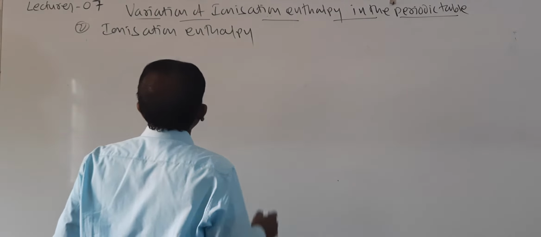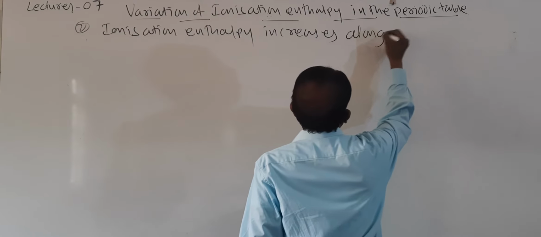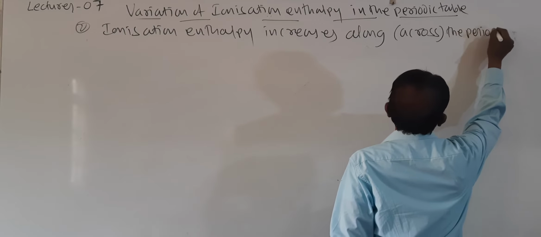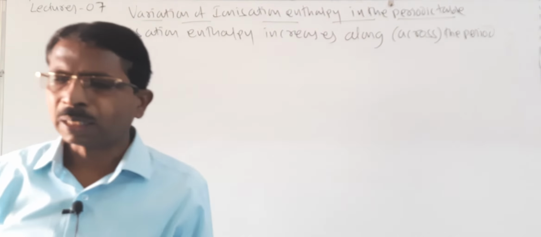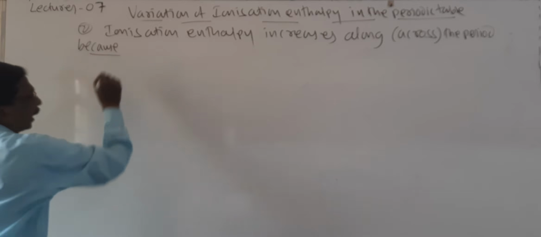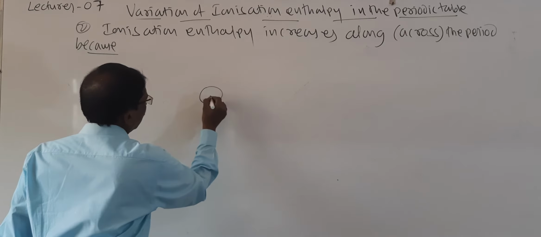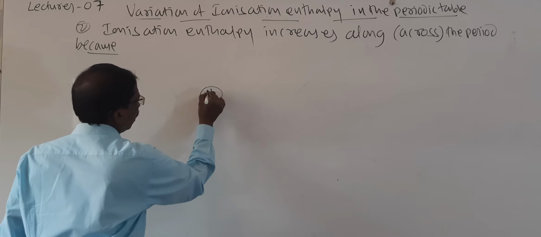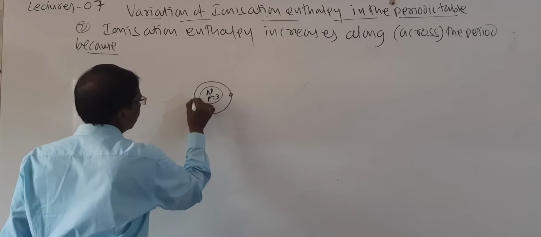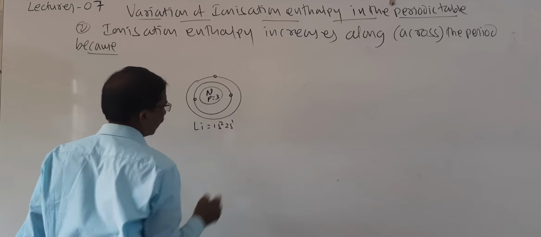So, look here, students, the ionization enthalpy increases along, or across, the period. Now I will show the diagram here. First one, lithium, with neutrons and protons. Lithium has atomic number 3, with 2 electrons in the first shell and 1 electron in the next, so lithium is 1s2, 2s1.